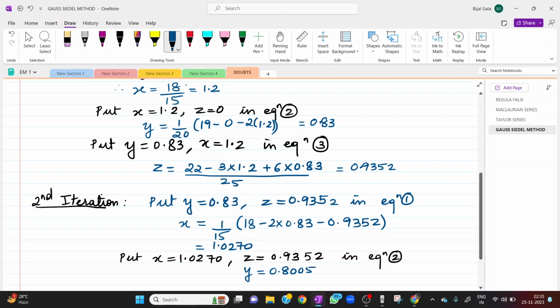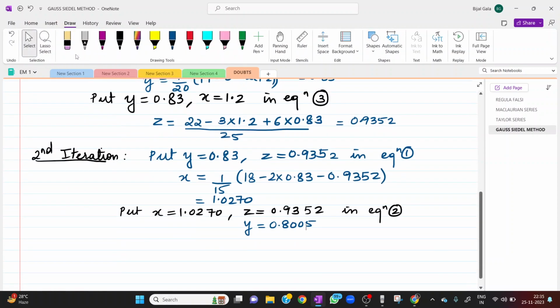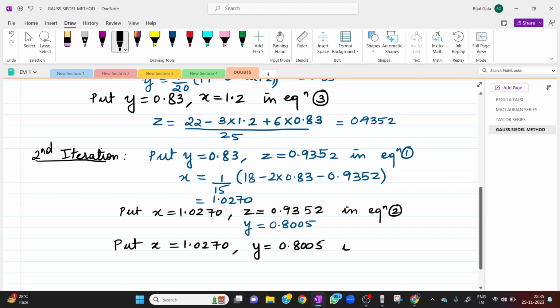Let's put the fresh values now of x and y to calculate z. So I'll put x is equal to 1.0270 and y the freshest value 0.8005 in equation number 3.